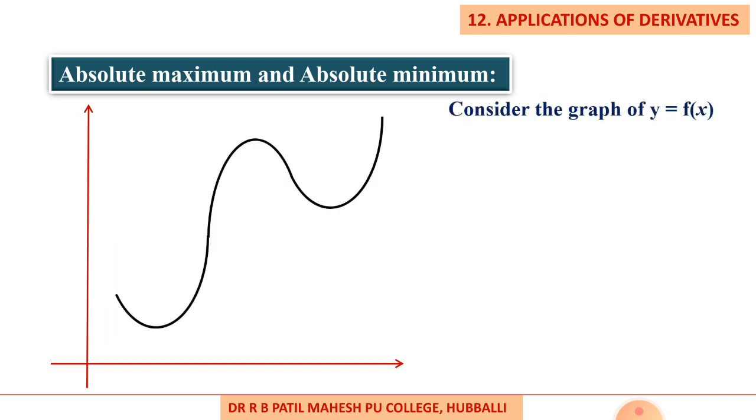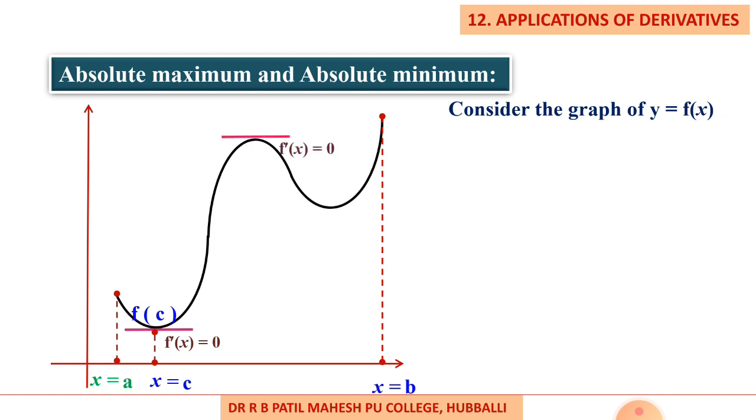Now consider the graph y equal to f of x. Here x equal to a and this is x equal to b. We will get f dash of x equal to 0 at x equal to c, and one more critical point at x equal to d, that is f dash of x is 0 at x equal to d.